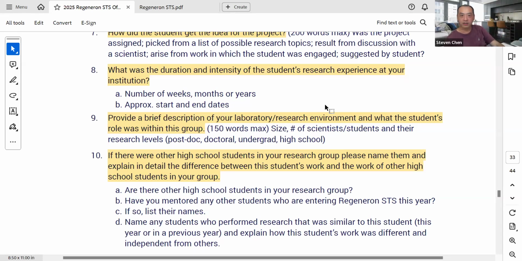Okay. And another thing is, if there's another high school student in the same lab and you and that person work on the same product, and you may even want to submit the same paper to STS, again, there will be trouble because STS evaluates your individual contribution.